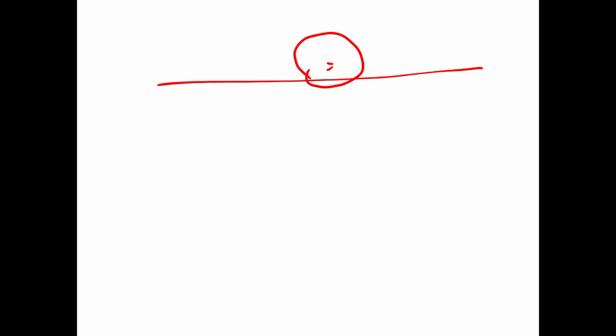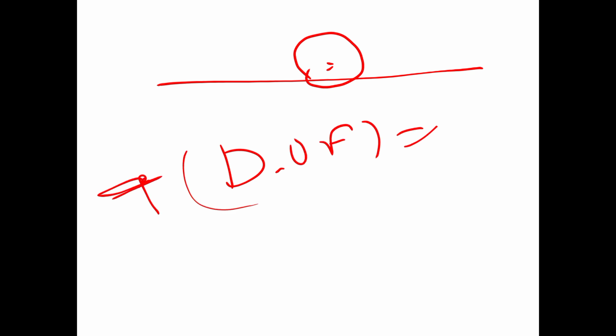So it has 2 translational degrees of freedom. Similarly, how to find the rotational degree of freedom? You have to check the rotational degree of freedom along the x-axis, y-axis and z-axis.